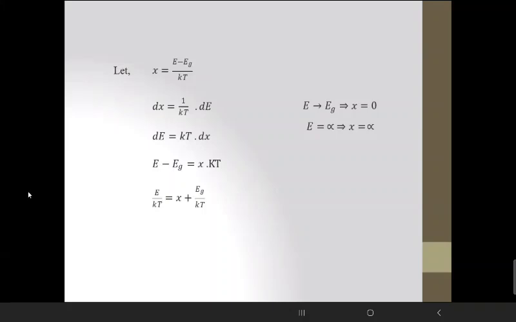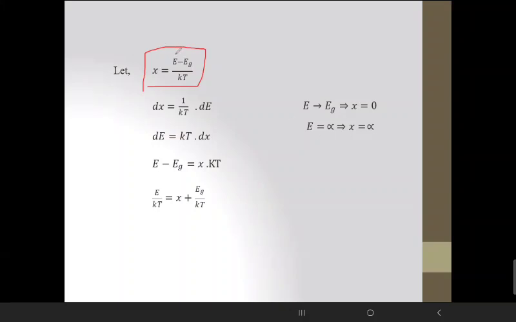So now, to solve this formula, we take x is equal to (E minus Eg) over kT. You have to change everything.